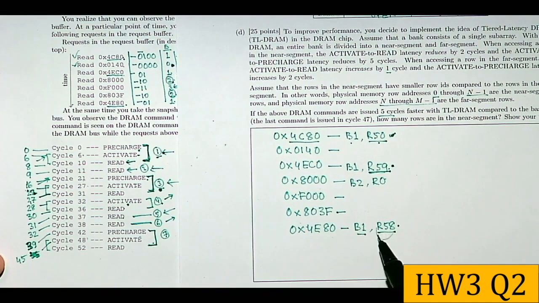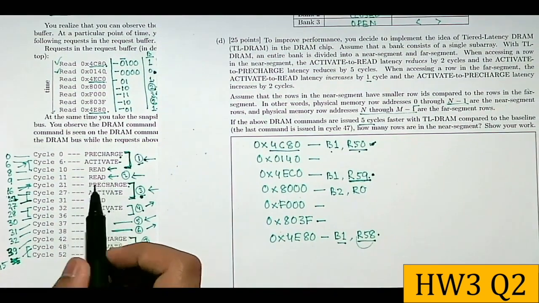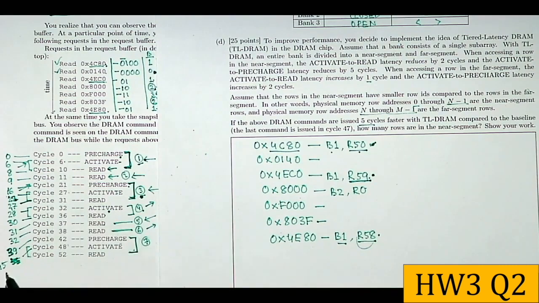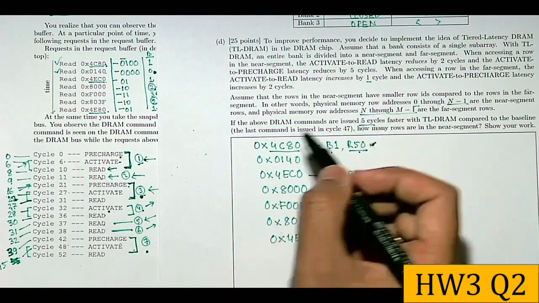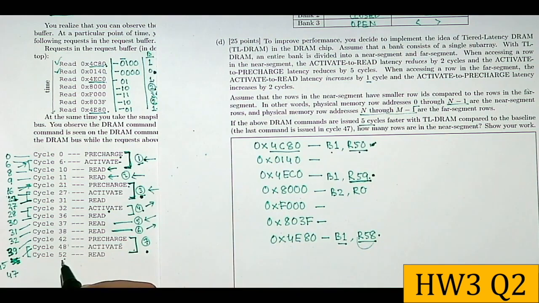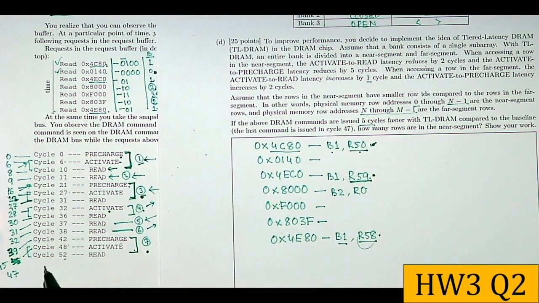If this is a fast segment, that means activate to read, which used to be 4 cycles, has to be now 5 cycles, but you know that 5 cycles will overshoot. Then let's just consider this to be near segment. If we consider this to be near segment, that gives you 2 cycles benefit. So you can actually get it done by 47 cycles, which is 52. Everything matches, you're happy. That's it.